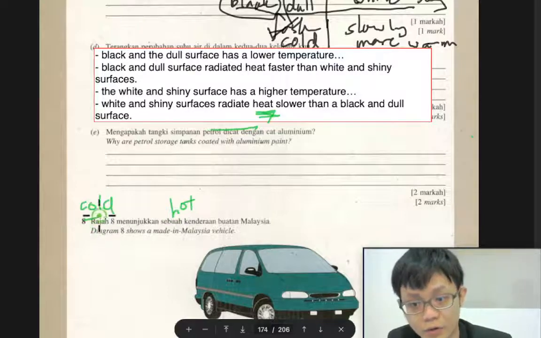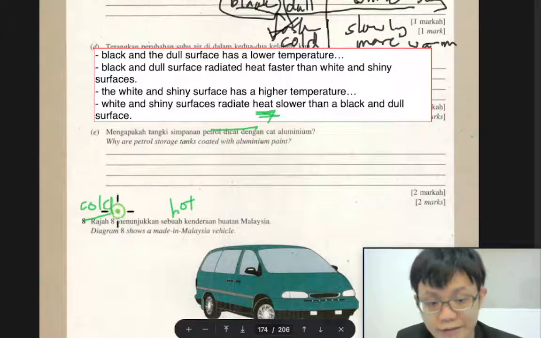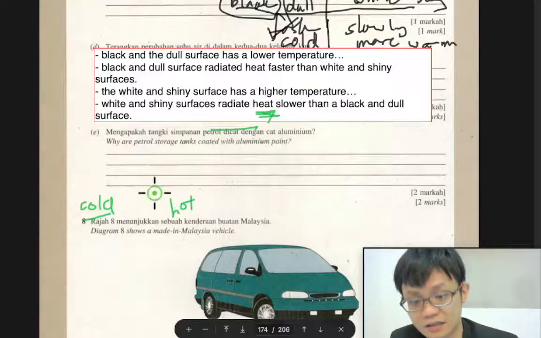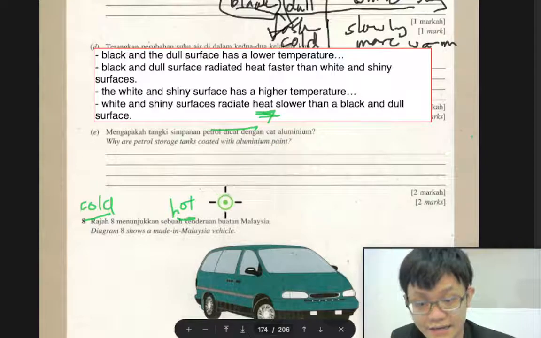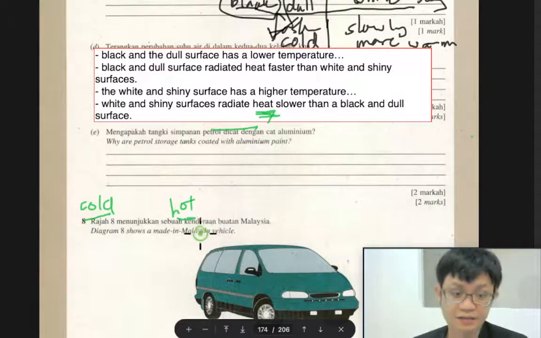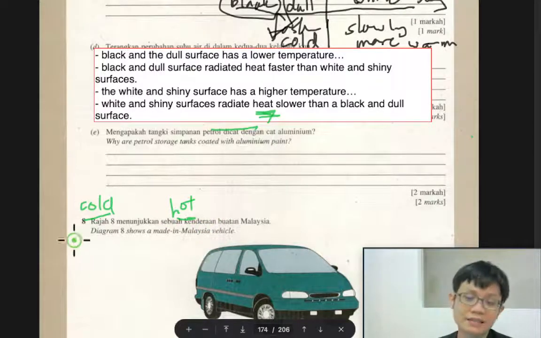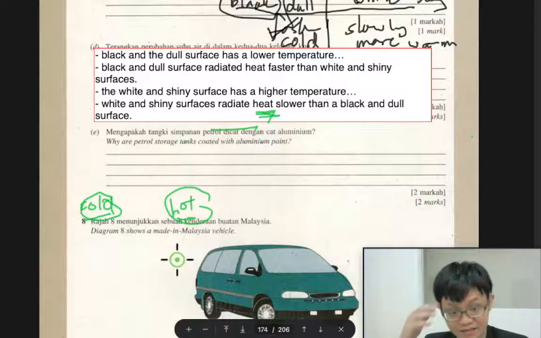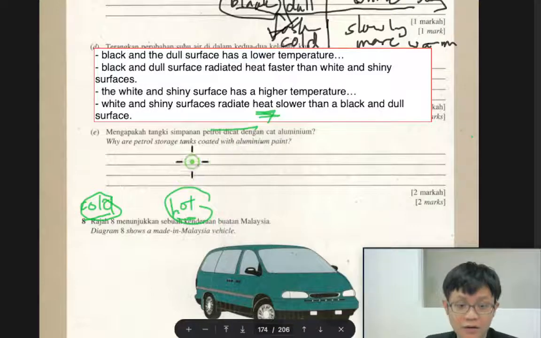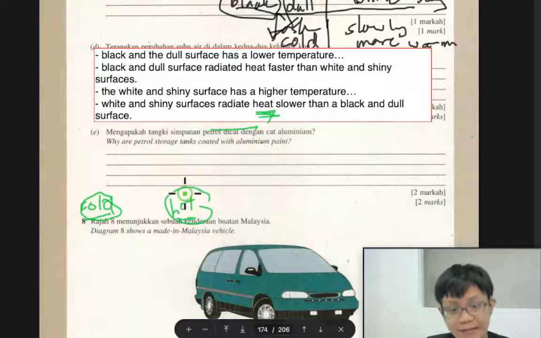The thing becomes cold because it releases heat energy. The thing becomes hot because it absorbs heat energy. So this is how you explain in science. Why does it become cold? Because it releases heat energy. Why does it become hot? It is absorbing heat energy.